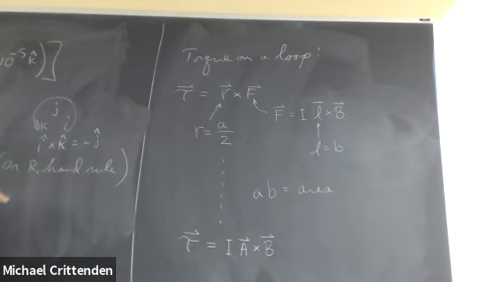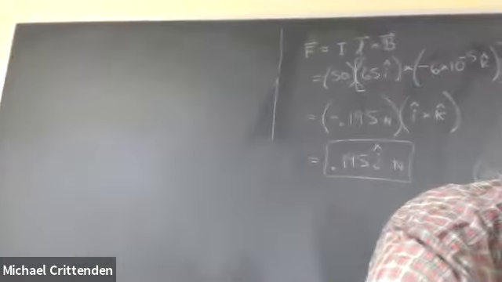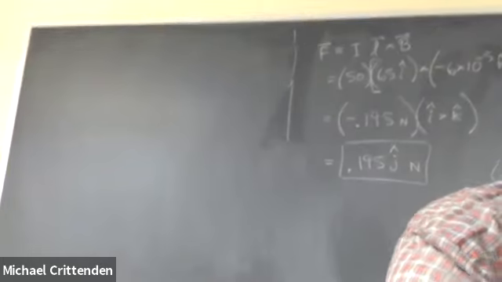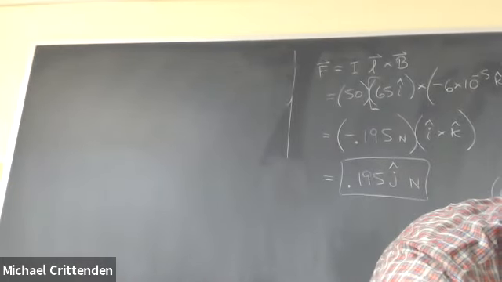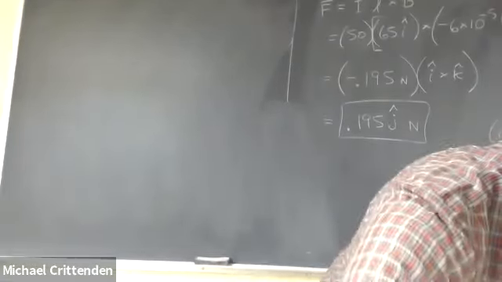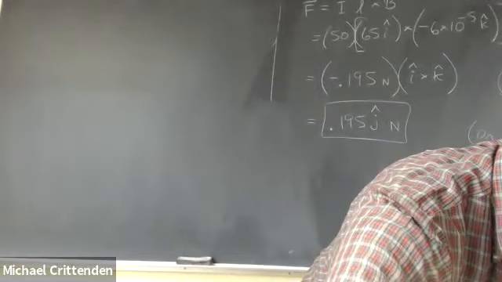The quantity I times A: the current in that loop of wire times the area enclosed within the loop of wire. It's called its magnetic moment.